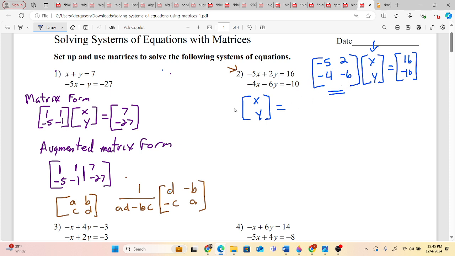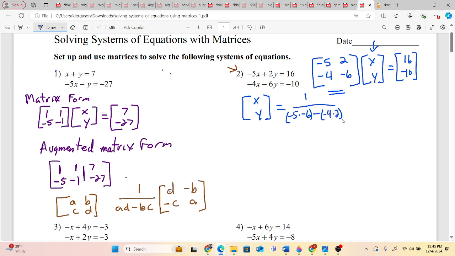And now I'm going to put my inverse matrix right here. So that's 1 over AD minus BC. So AD, that's -5 times -6 minus, let's put some parentheses, -4 times 2.